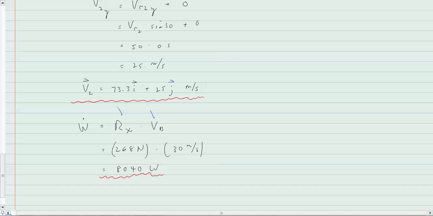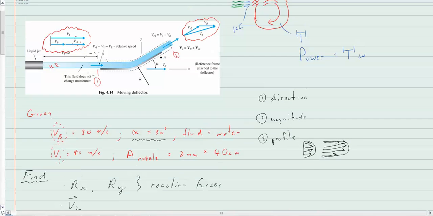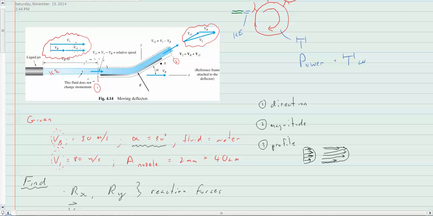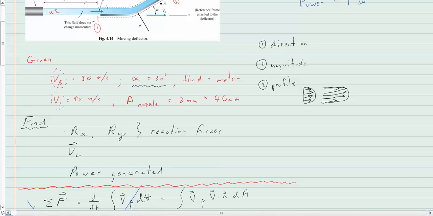This would be the power applied to the moving blade by the jet as it exits the nozzle. So in review, we have a moving blade. We have been given the velocities of the jet, the blade, the angle that the blade is rotating the jet.